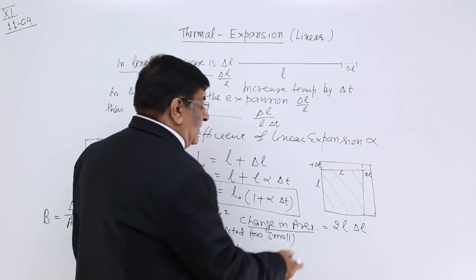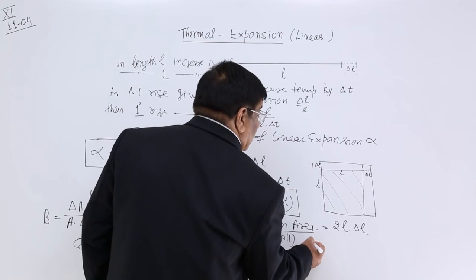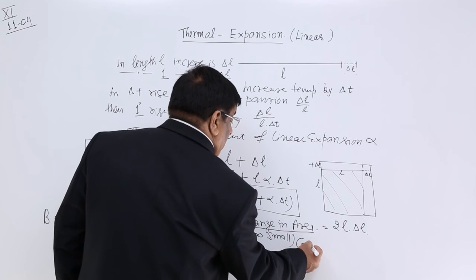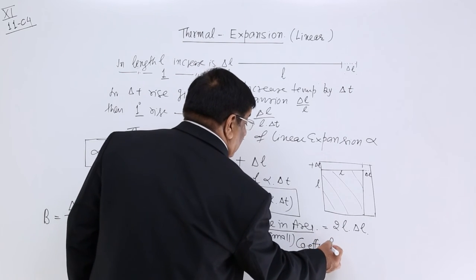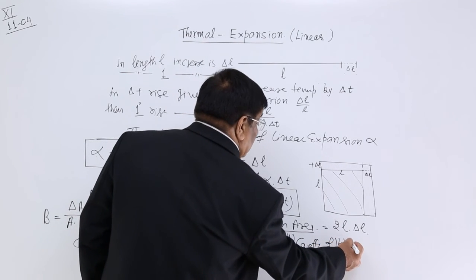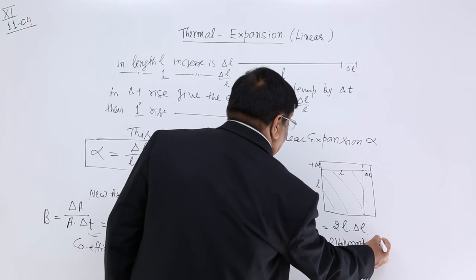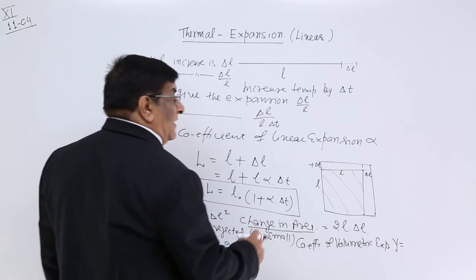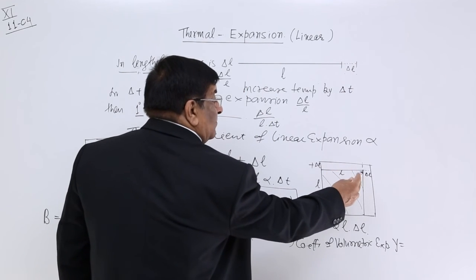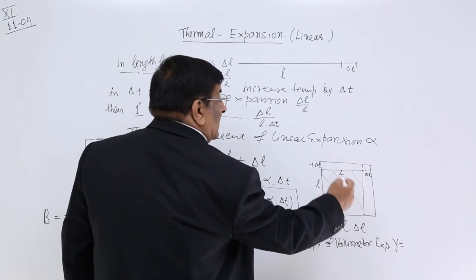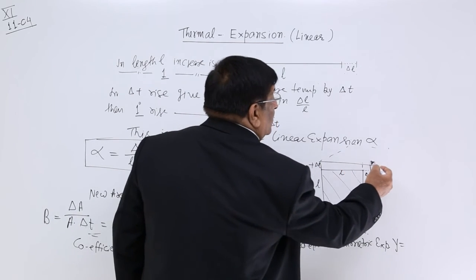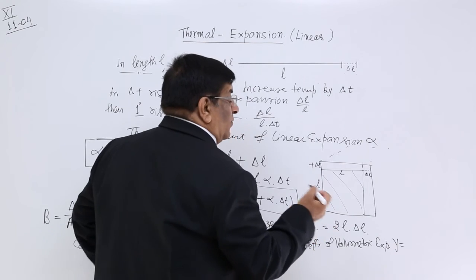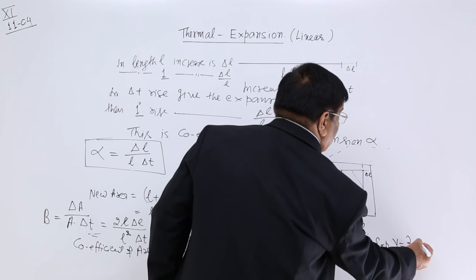Similarly, we can prove that the coefficient of volumetric expansion, that is gamma, and we can prove that L plus delta L into L plus delta L into L plus delta L, all three dimensions when increased, will give us 3 alpha.